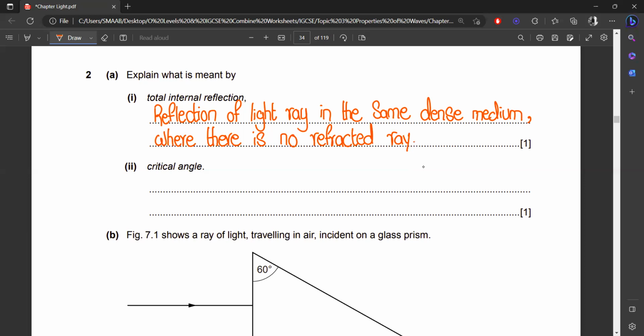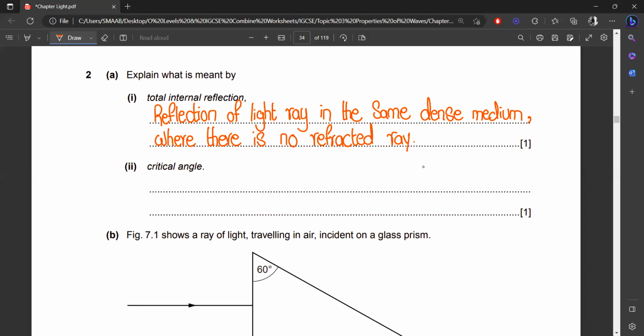And what about the critical angle? It's when the angle of incidence is greater. The critical angle is that at which light is going to be refracted by 90 degrees, right? Yes.